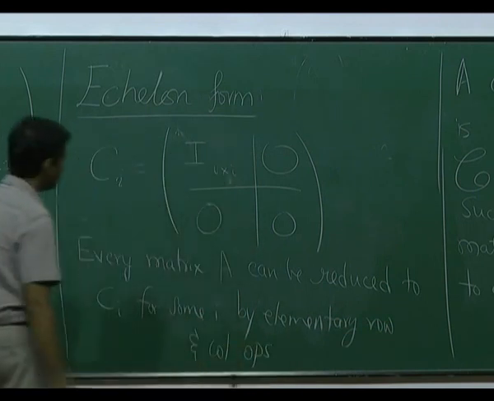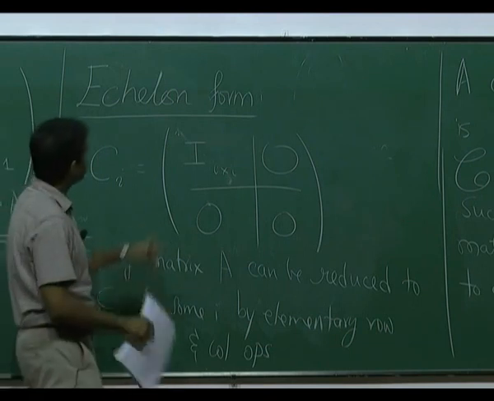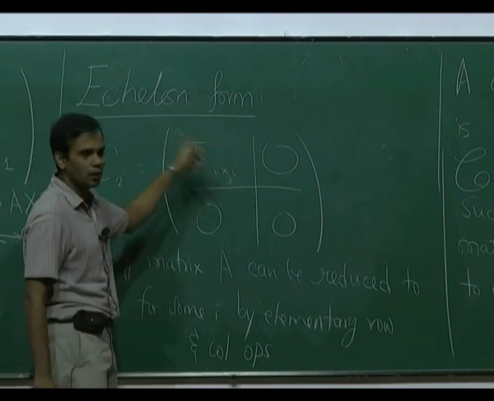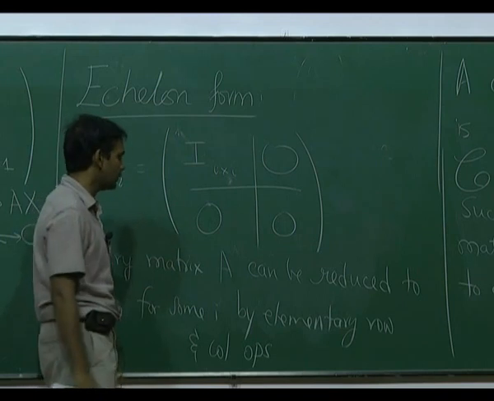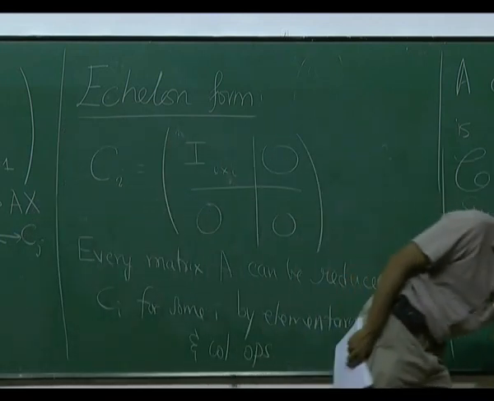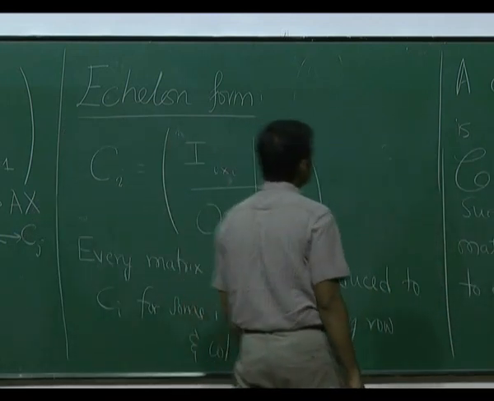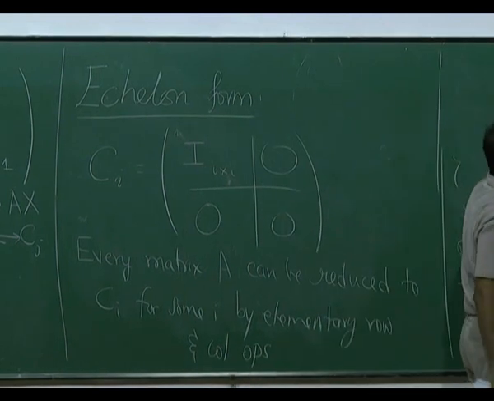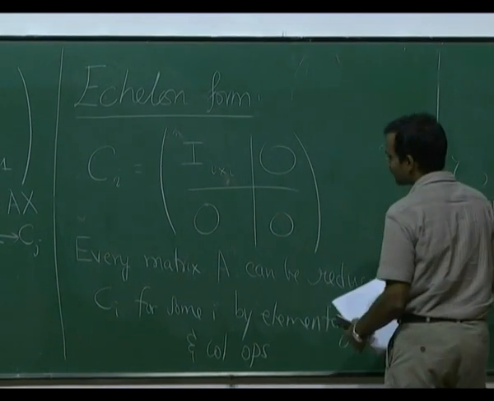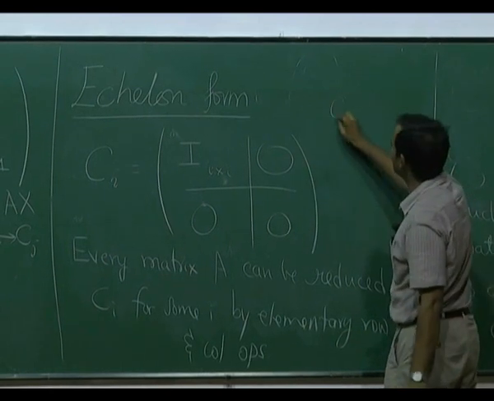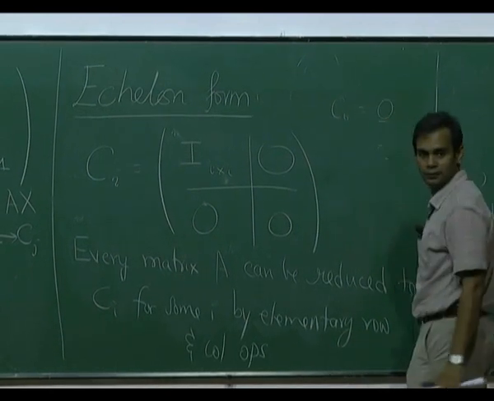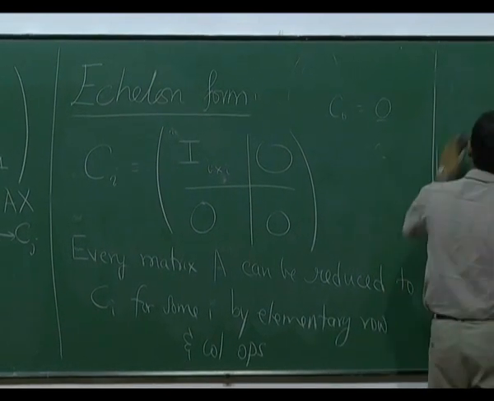Let us see how to do this. So basically what you want is you want ones along the top left corners. We will do this by induction. You start with some matrix. This i can be 0 also. So C0 is just the 0 matrix. Don't forget.